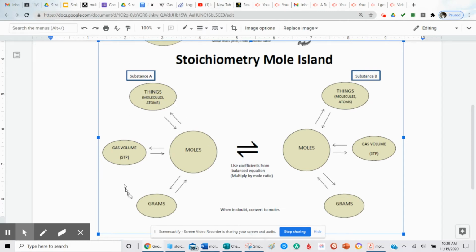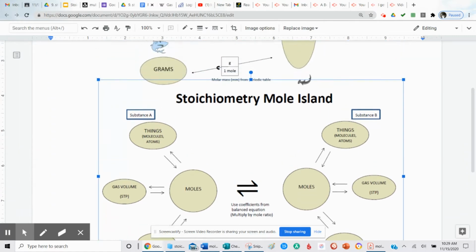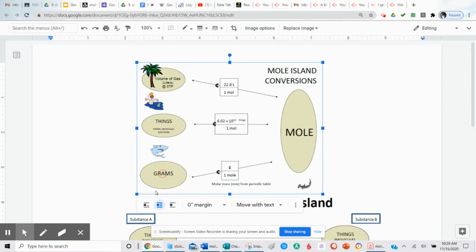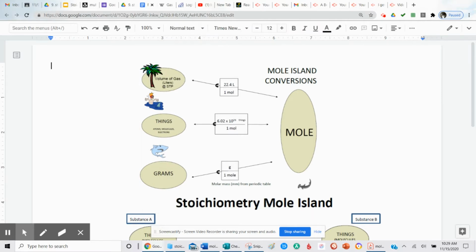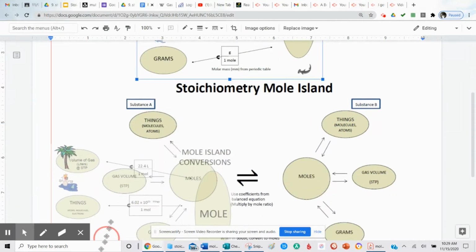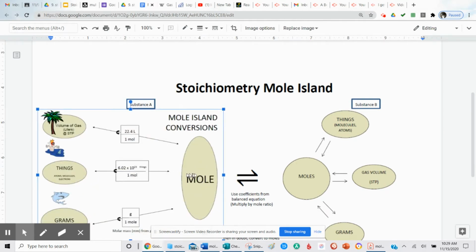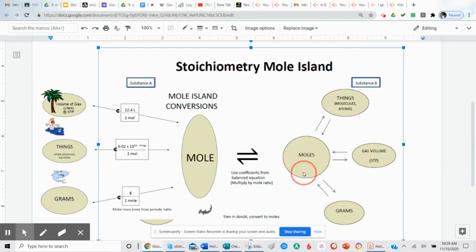Now, if we're on this side of the map here, that is for one substance conversions only, and we would use those conversions that are for 1 mole. So let me overlay that map so you can see how that works. So if I put this map right here, you can now see we still go from mole to mole using our coefficients from our balanced equation.